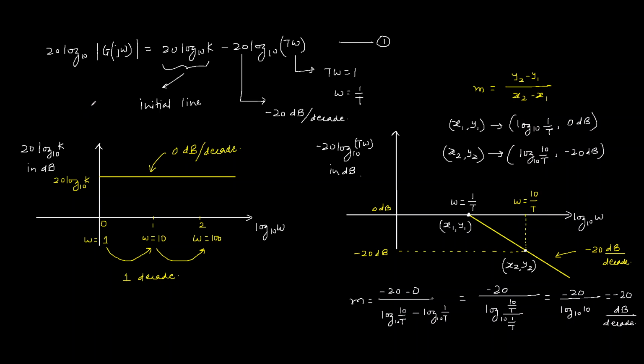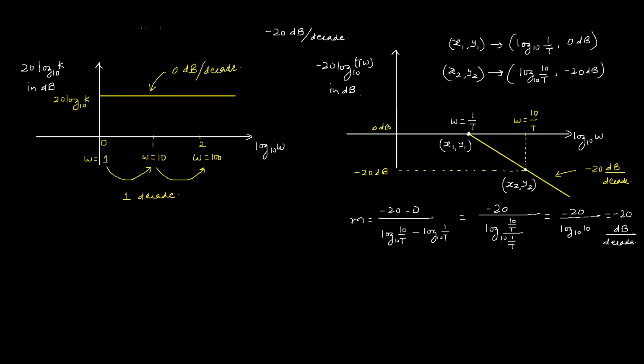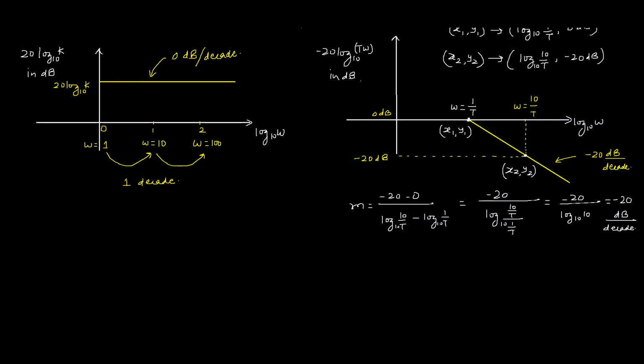Now we have to draw the complete magnitude Bode plot. For that purpose, we have to combine these two plots or these two lines. That will give the magnitude Bode plot for the transfer function. So let's combine these two plots.